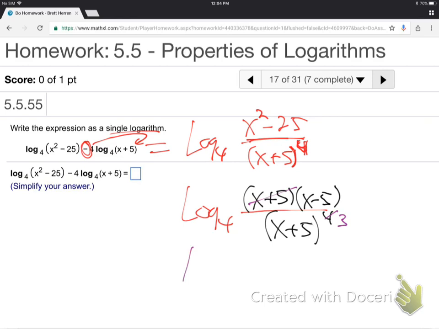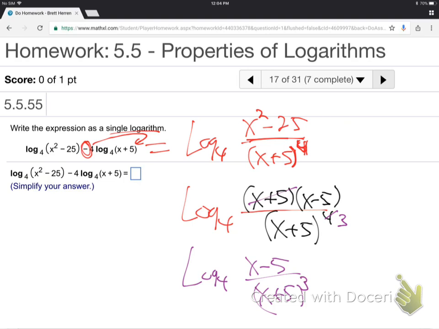And that's the answer. Log base 4 of x minus 5 over x plus 5 to the 3rd. Is that making sense? You see how those properties work? Questions on that one? Yeah.